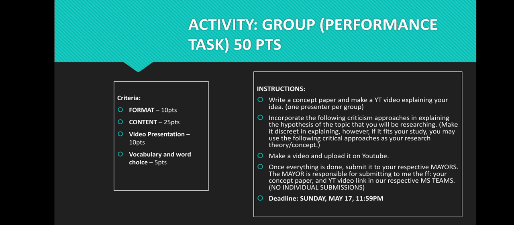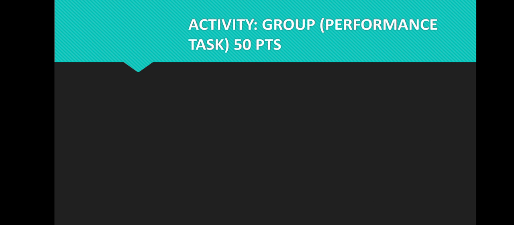Most of your action research utilized very common words or very general terms which you can use in whatever discipline. For concept papers or for academic essays, you need to be very specific and very formal. So I've put 5 points on vocabulary and word choice. Okay, so what is the format?